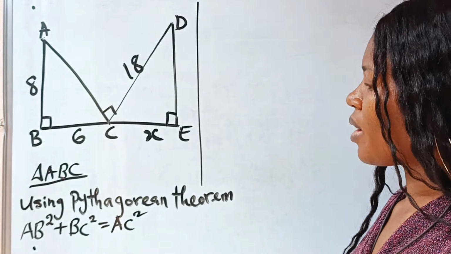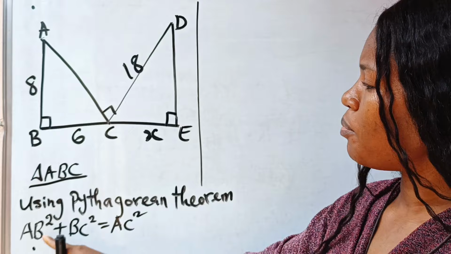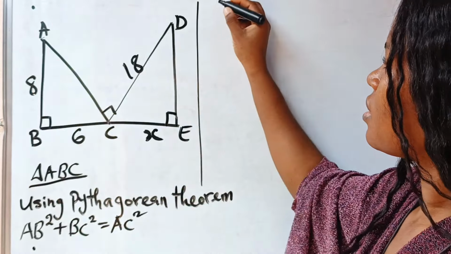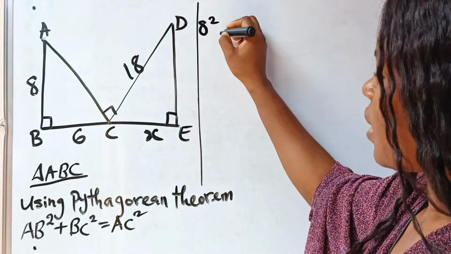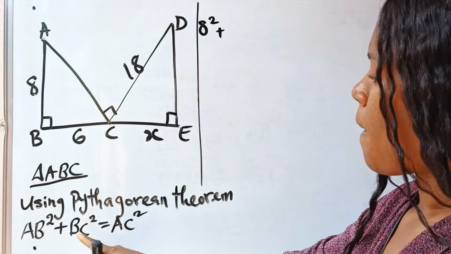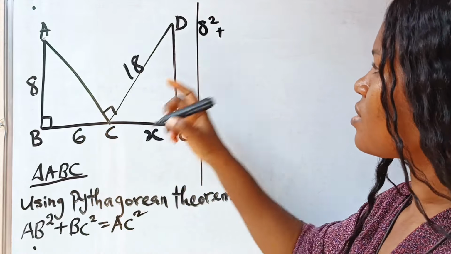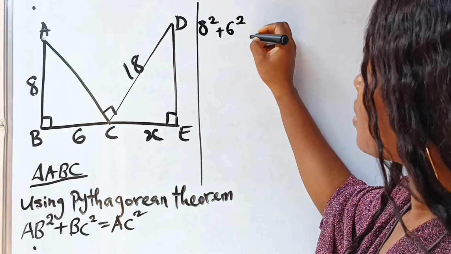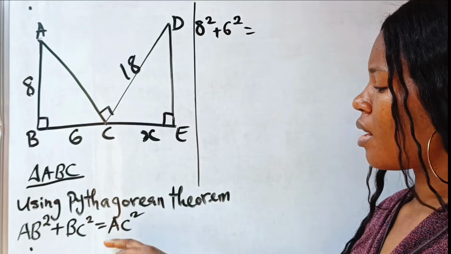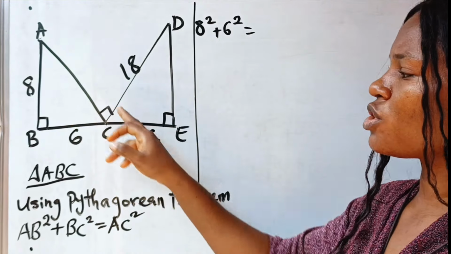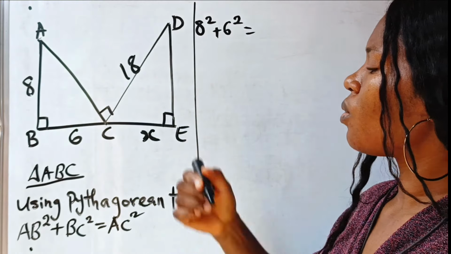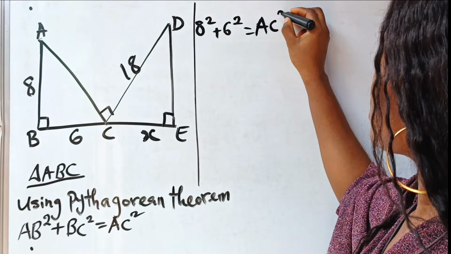Now what is our AB? AB is 8. So we have 8 squared plus BC squared, that is 6 squared, is equal to AC squared. We don't know AC yet.